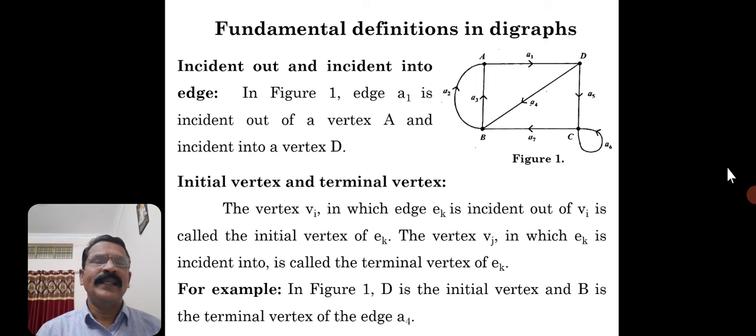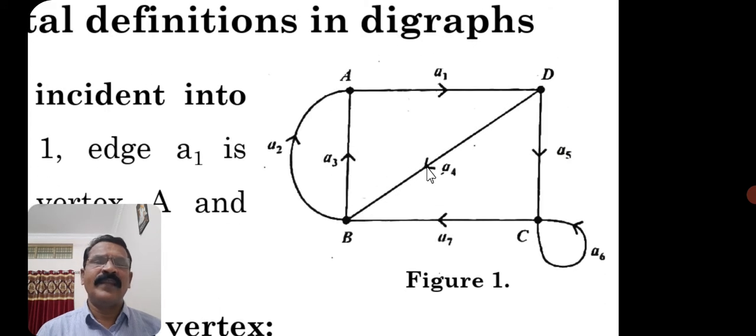Therefore, in this digraph, suppose A1 is an edge from A to D. So what you can say, A is the initial vertex and D is the terminal vertex, because this edge A1 is incident out from A.